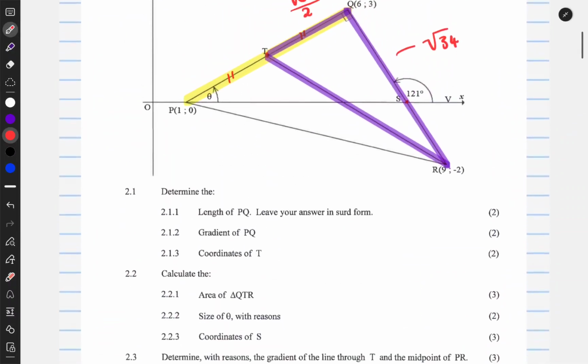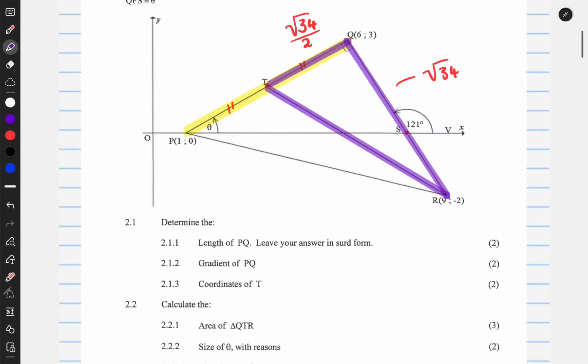Let's come here. This is our angle theta, and since we know that angle theta is the angle between the line PQ and the x-axis, we can use the gradient of line PQ to calculate the angle theta.